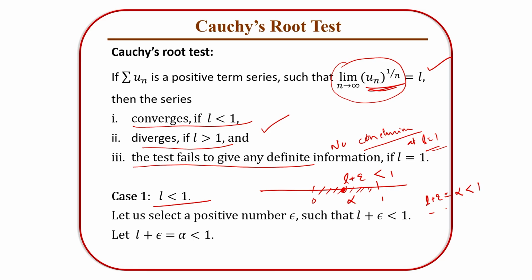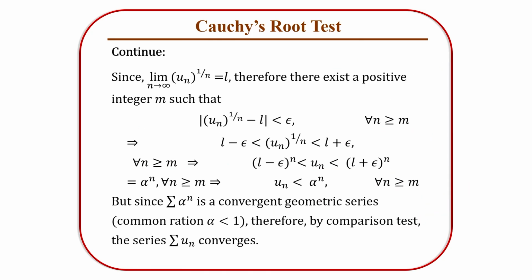So, let us select a positive epsilon such that L plus epsilon equals alpha and is less than 1. Now, use the definition of limit.